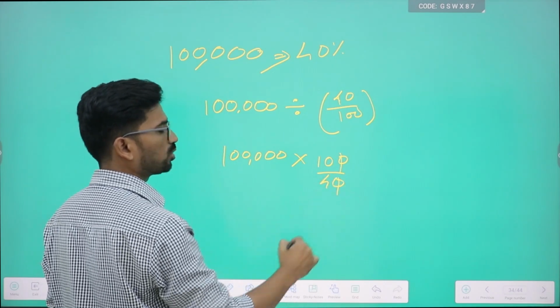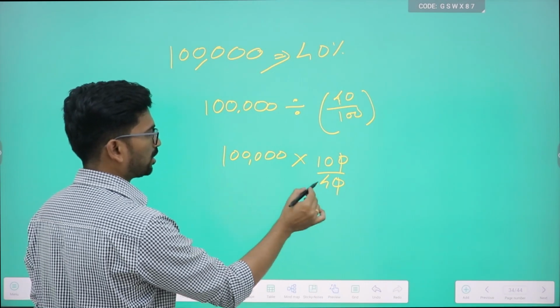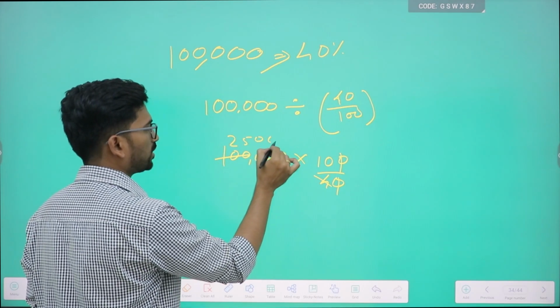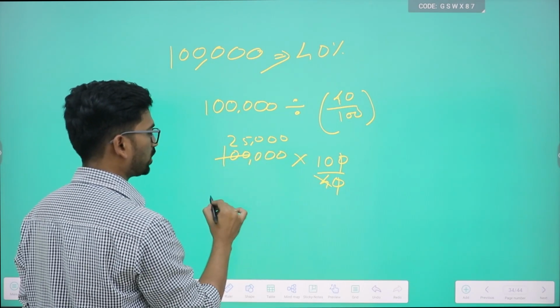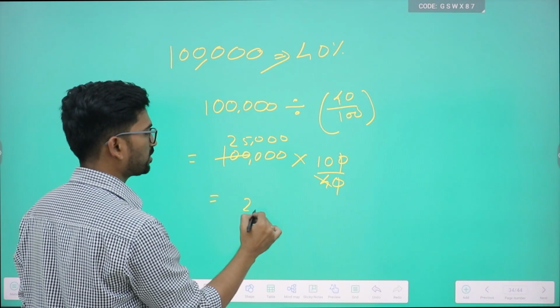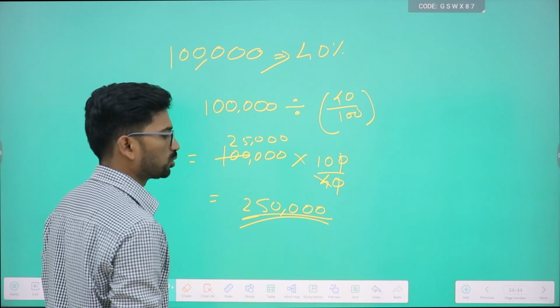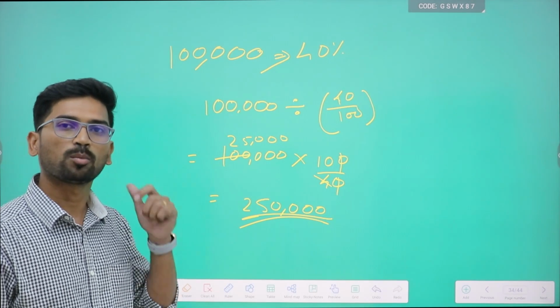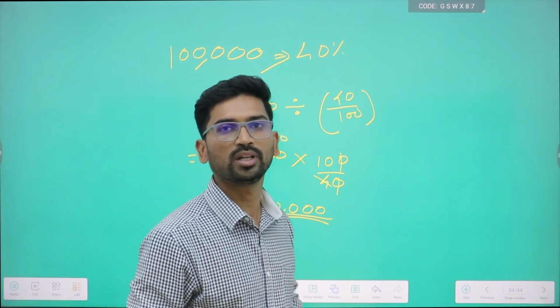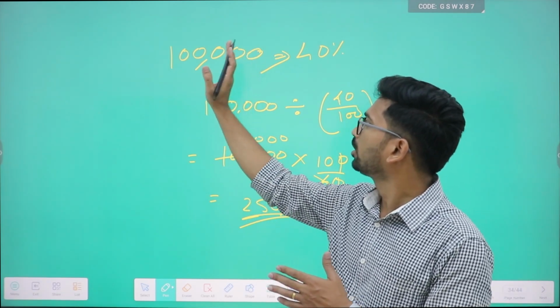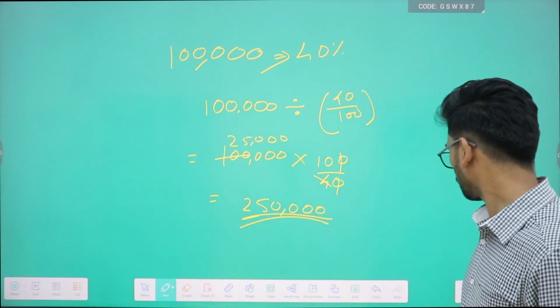So 0 gets cancelled, and 100 divided by 4 is 25. This remains 25,000 into 10, which is 250,000. So we can say that the total population of that town will be 250,000. So 40% will be 100,000.